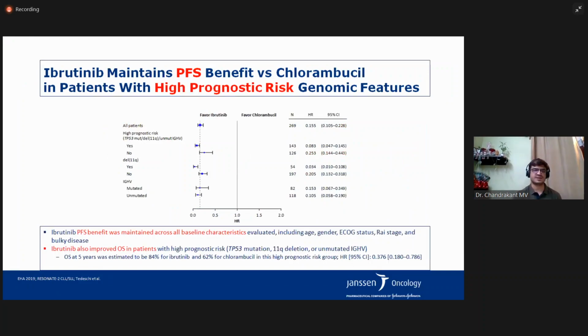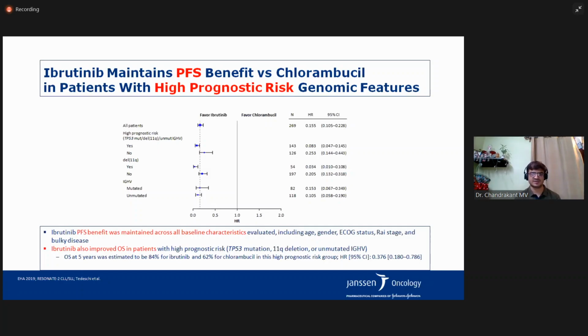So quite a significant number, and you can see in the forest plot whether you have deletion 11q, whether IGHV mutation is there or not, whether you have any risk factor, all the subsets benefited from ibrutinib when compared to chlorambucil.